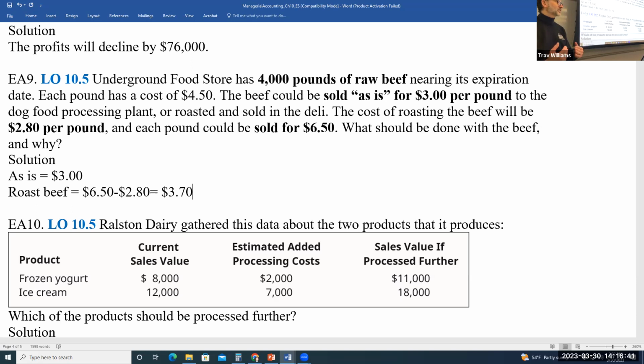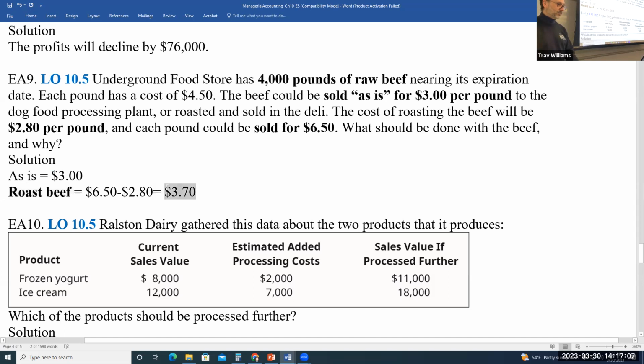Right, those are our choices. If we look at just the relevant options at this point, it's a simple choice between sell it for $3 or spend the extra $2.80 and sell it for $6.50, giving us a net benefit of $3.70. So we are better off roasting it, right?